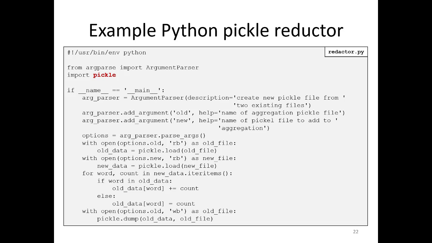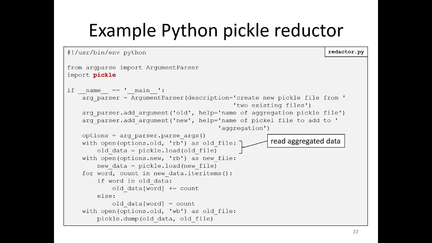So basically, it has, as said, two command line arguments. One is old, so that is essentially the file that contains the data up to that point. And then new is the data which has to be added to the aggregation file.